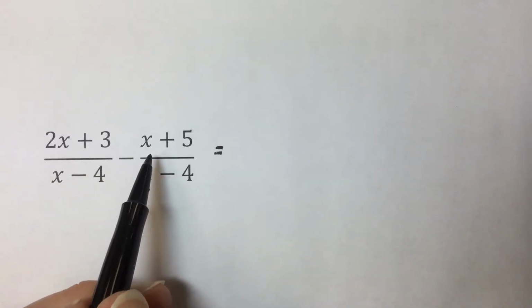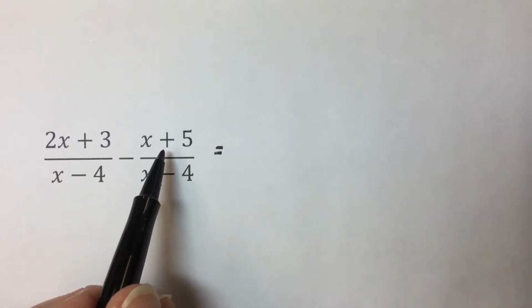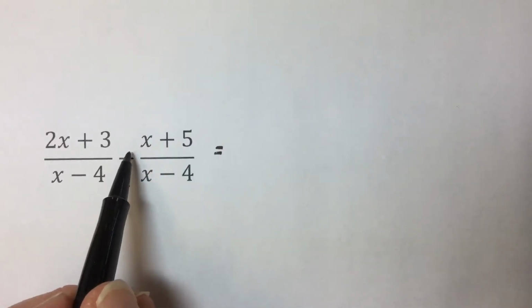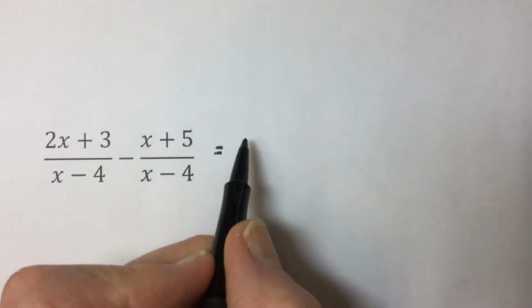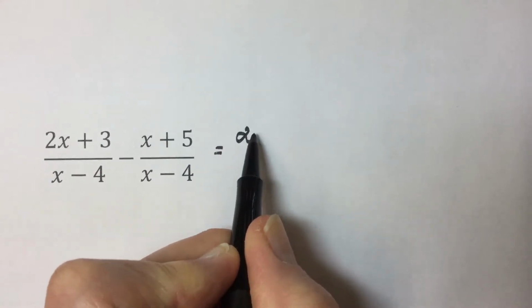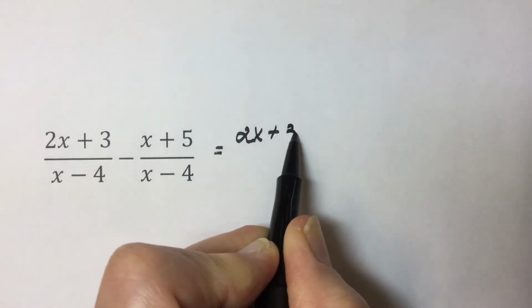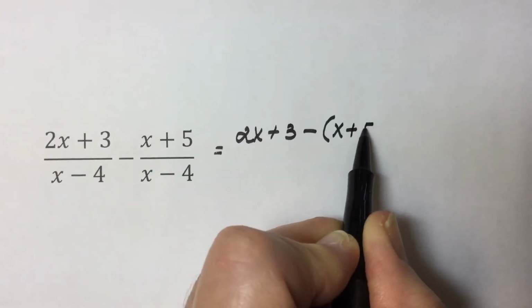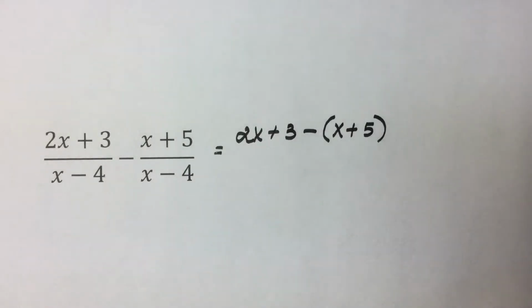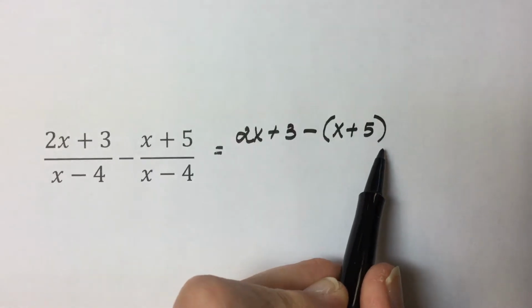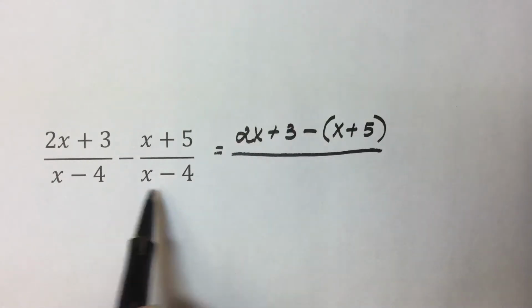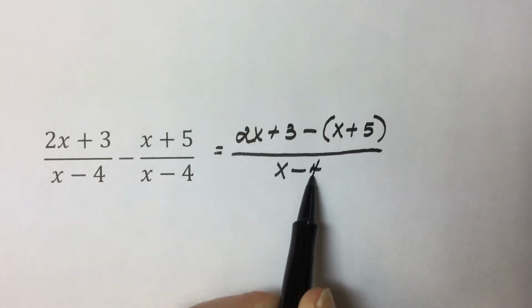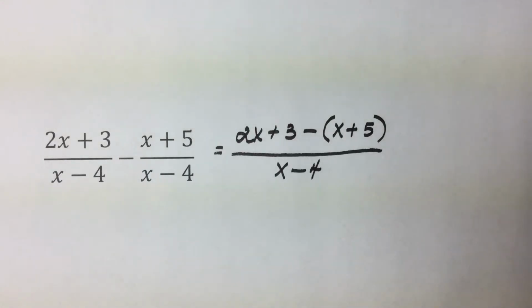Thus, when this numerator is subtracted, it's important to subtract every quantity. To illustrate that, I'll write it as x plus 3 minus this whole other numerator, which ends up being a subtraction of a quantity, over that common denominator of x minus 4.